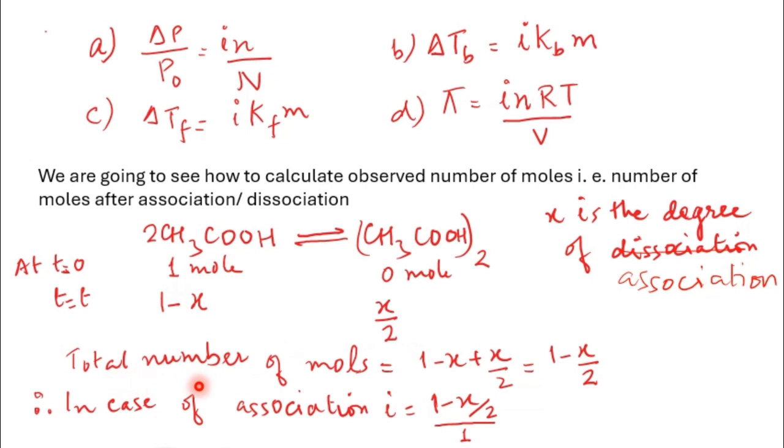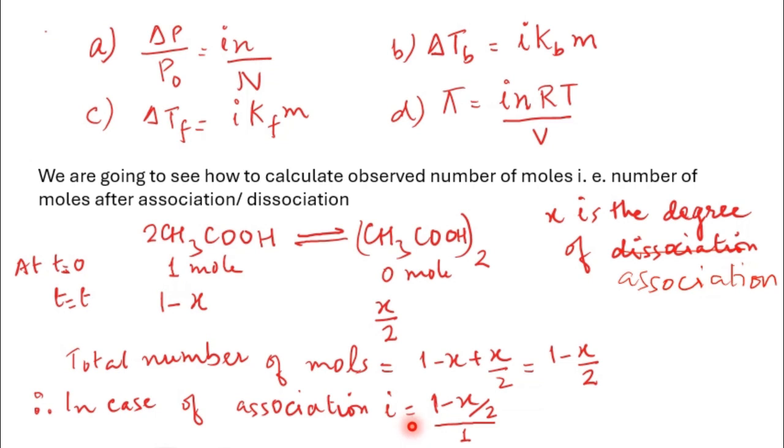And if you calculate the total number of moles, it will be 1 minus x plus x by 2, which is 1 minus x by 2. In case of association, i can be given as 1 minus x by 2 divided by 1. The Van't Hoff factor can be calculated like this.